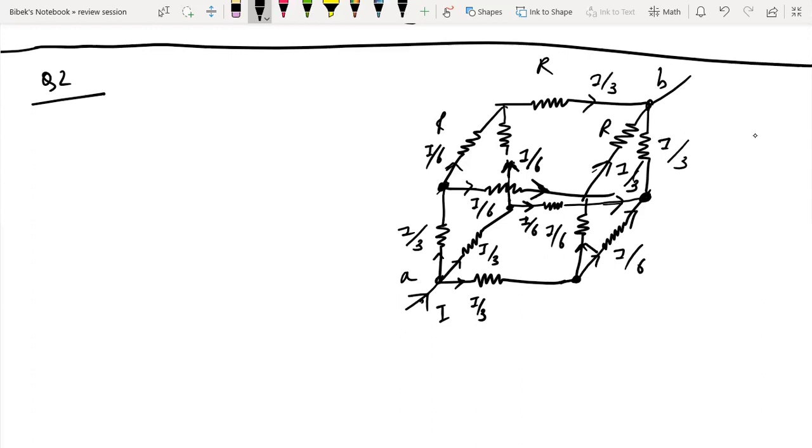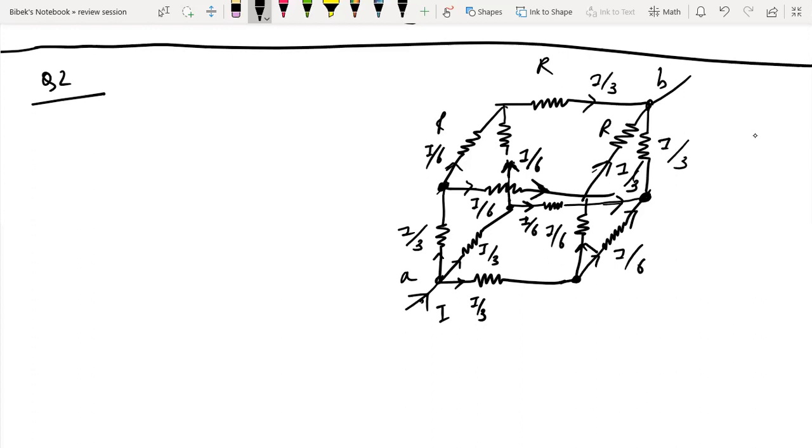Okay. So now you're supposed to find the equivalent resistance, right? So use Ohm's law. You only have two paths for the current in this case.